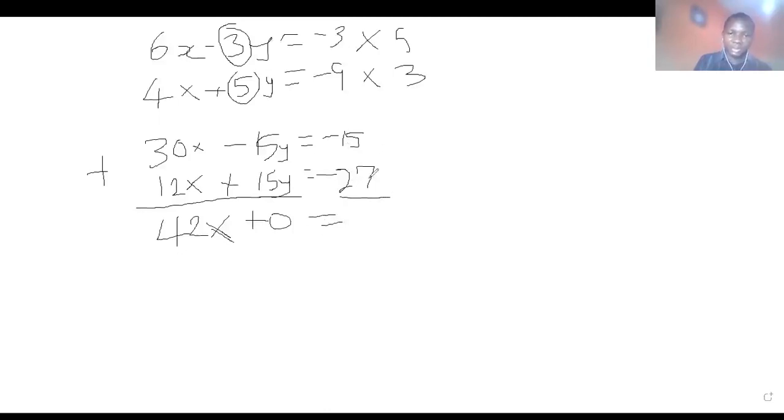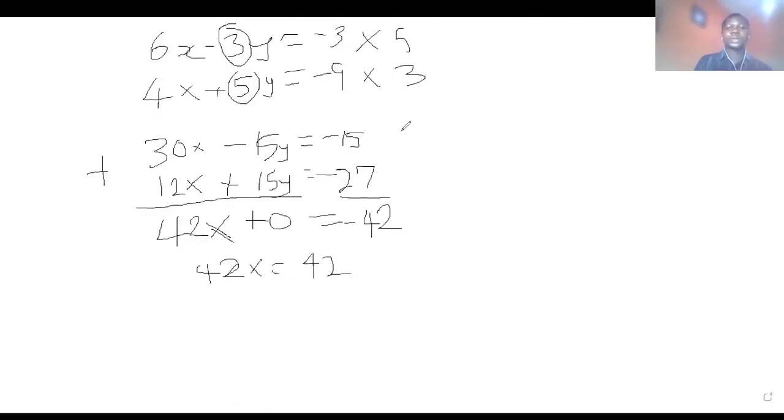That's 5 plus 7, that's 12, 2 plus 1, that's 3, plus 1, minus 42. So along the line, we have 42x is equal to minus 42.